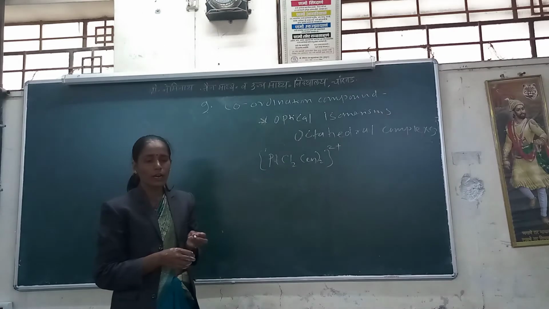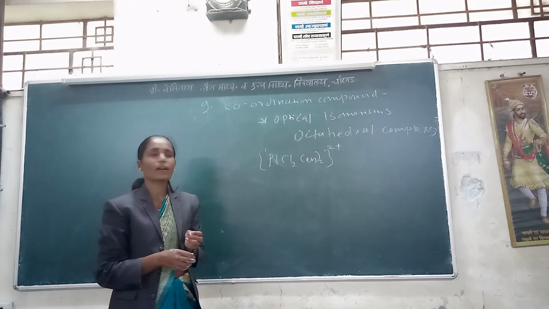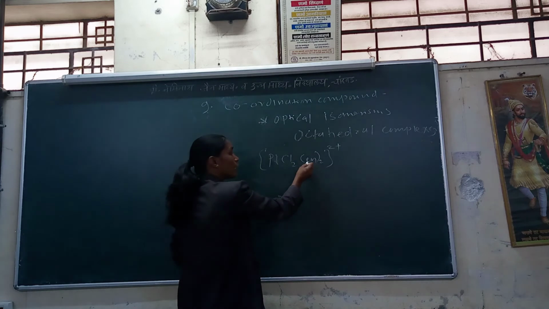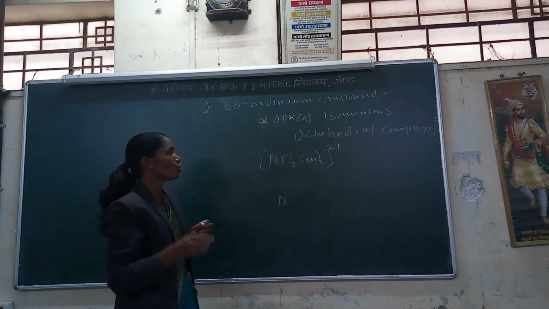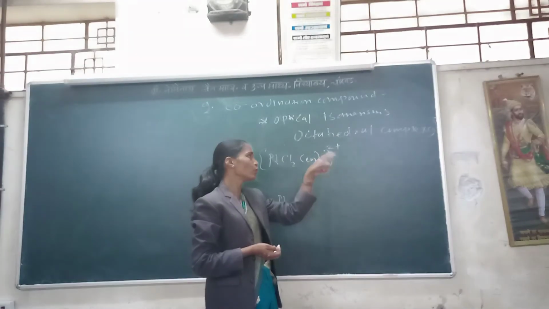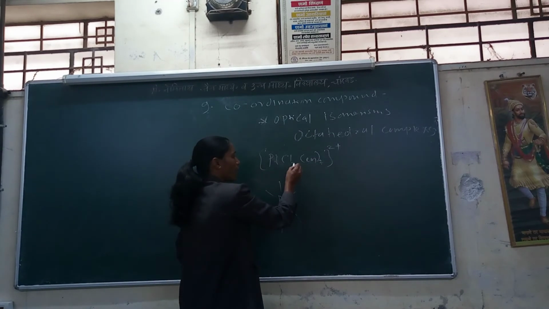First of all, we draw the structure for optical isomerism. The central metal is platinum bonded with en. En is a bidentate ligand, which gives double coordination number, meaning 2 into 2 is 4, and 6 means this compound is octahedral. 4, 5, 6.